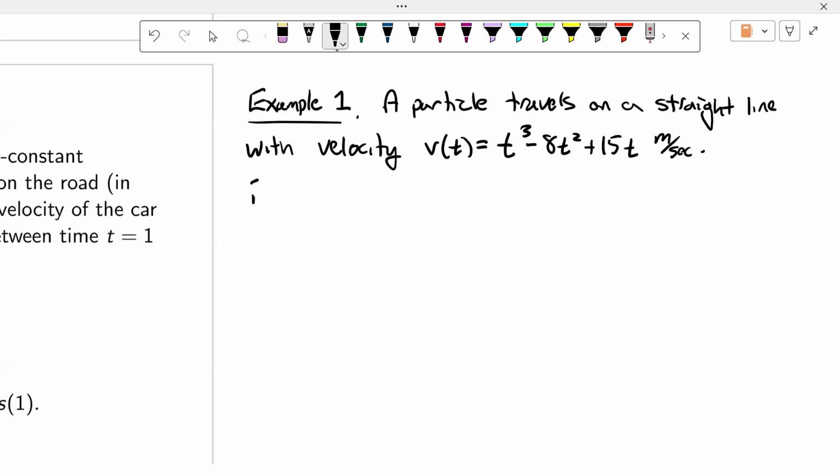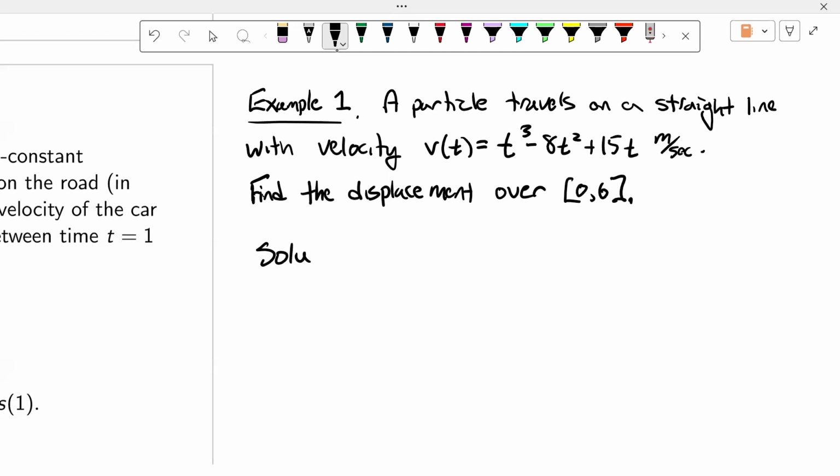Let's suppose you're asked to find the displacement between time 0 and time 6. One nice way of writing that is we're going to find the displacement over this interval from 0 to 6. Okay, so here's one way we can do it.